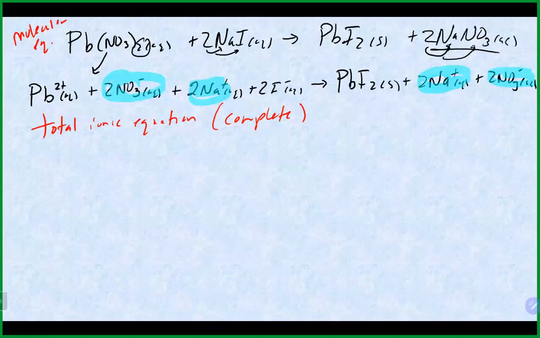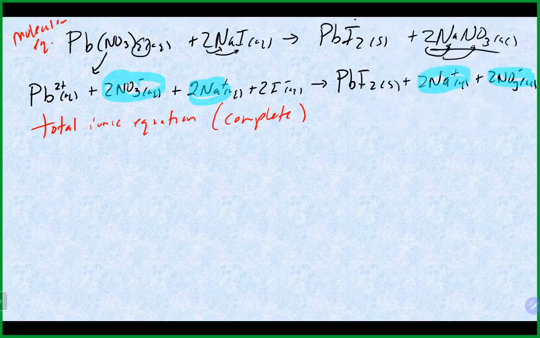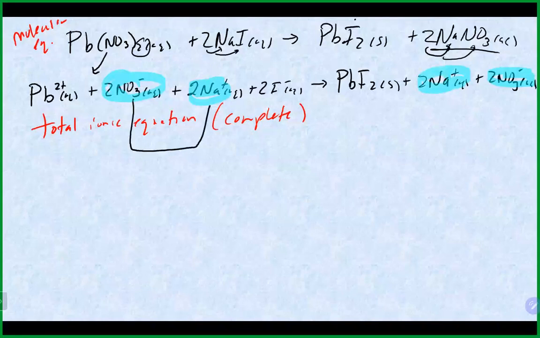Right-hand side, we have a couple of sodiums that are there. These guys that are the same ions on each side, and you also see that you have the same number of those ions on each side. That's because you properly balance this equation. By the way, if you end up with not the same number of those ions on each side, you're not really balanced. So you want to make sure you check it. These are what are referred to as spectator ions.